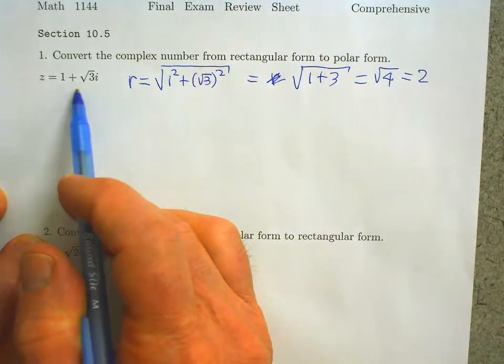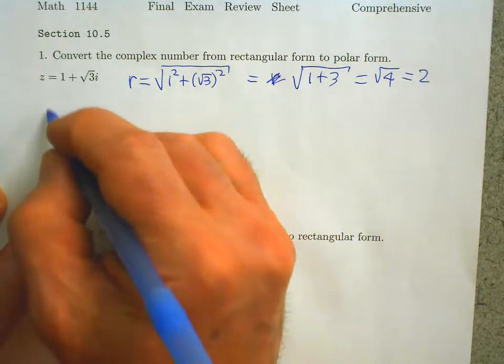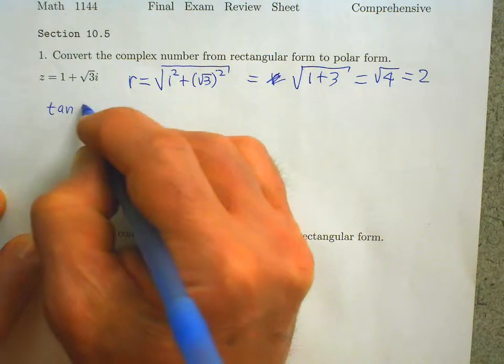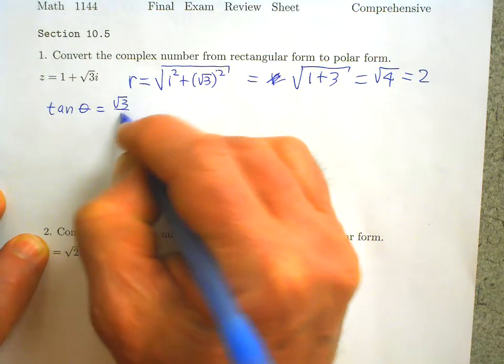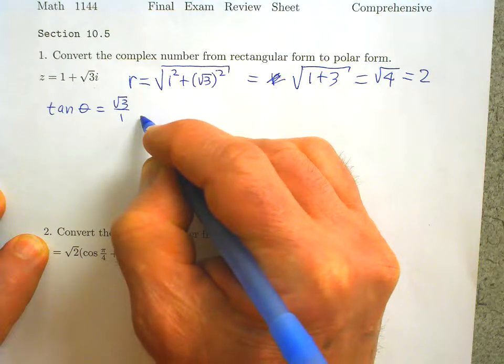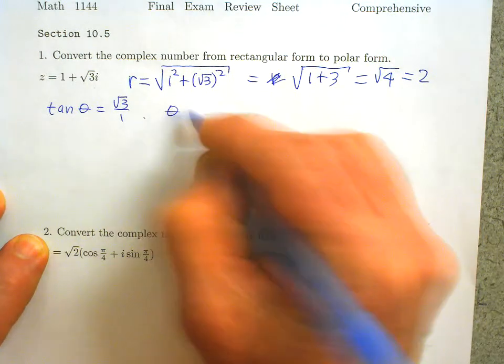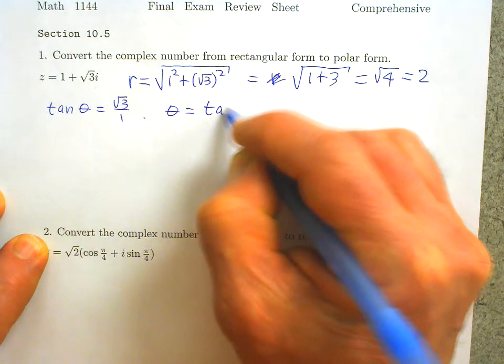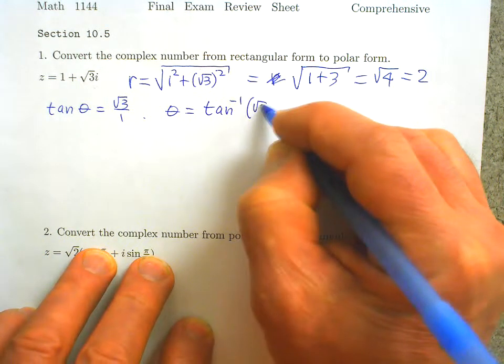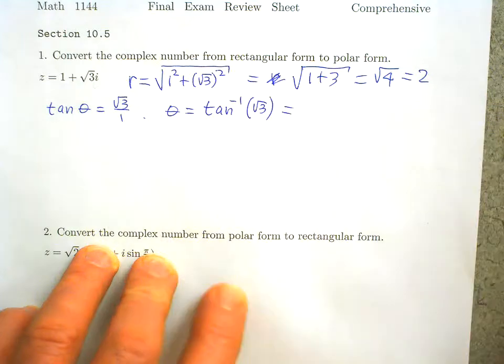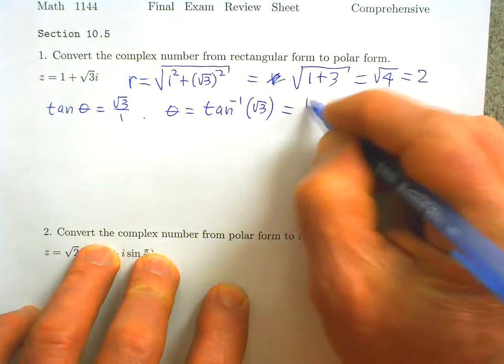z is in the first quadrant. So tangent of theta is the square root of 3 over 1, or the square root of 3. So theta is the inverse tangent of the square root of 3, and that is pi over 3.